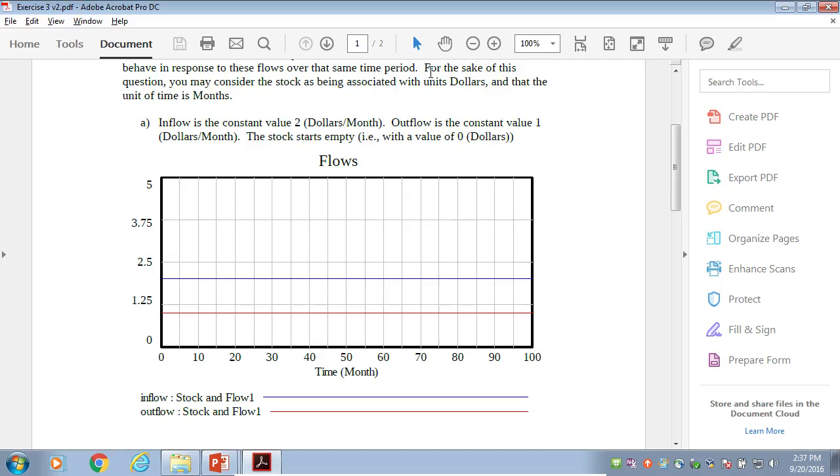If you call the stock x, dx/dt, the rate of change of the stock per unit time, is equal to 1, equal to inflows minus the outflows. So in general, we could write down dx/dt equals the sum of the inflows minus the sum of the outflows, right?